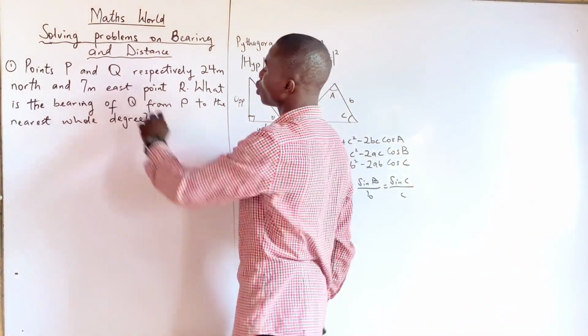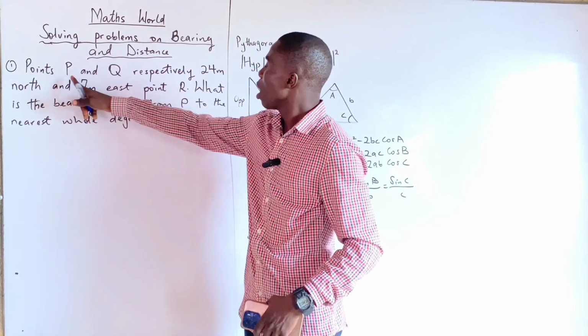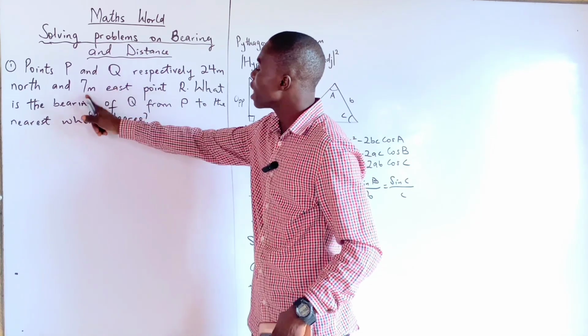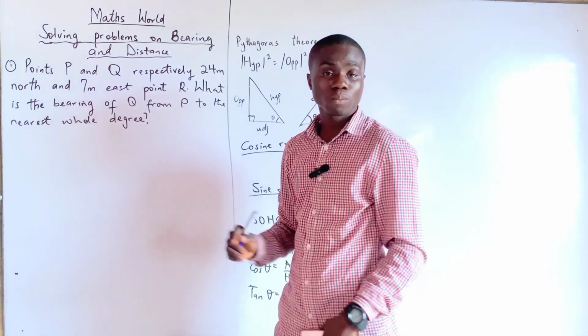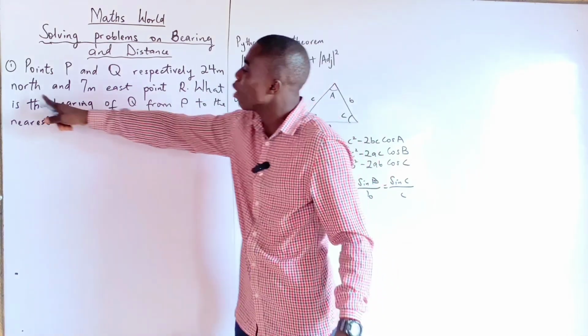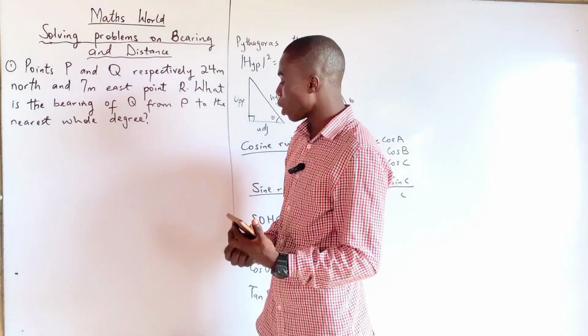If you read this question, we are talking about this R, that this point P is 24 meters from R. This point Q is 7 meters east from R. That's what they mean. So they said points P and Q are respectively 24 meters north and 7 meters east of point R. Now let me draw point R and see.